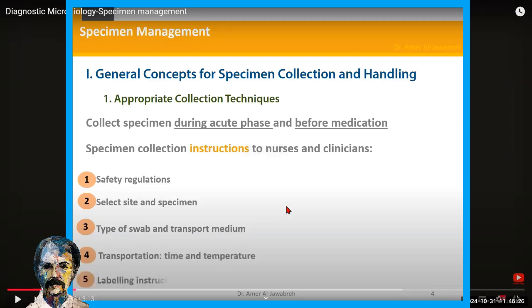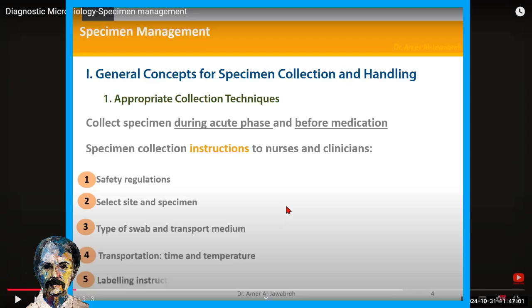Transportation, time, and temperature. If you want to deliver the samples, you have to know which is the best temperature. The time, okay, maybe it's 1 hour or 2 hours. But if you have transport media, it can stay for 6 hours, sometimes 24 hours. But the temperature, if you are going from one place to another and the temperature outside is 40, this is a problem. Maybe you have to put it in a cool place.